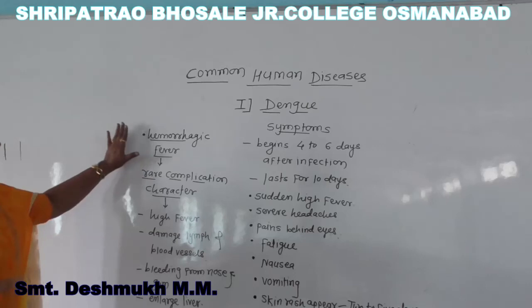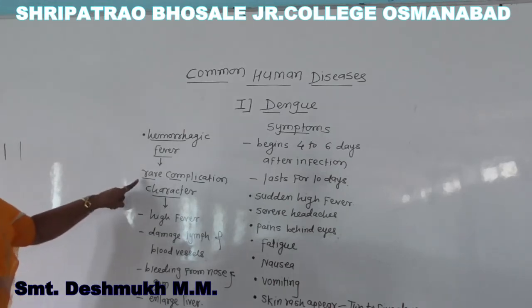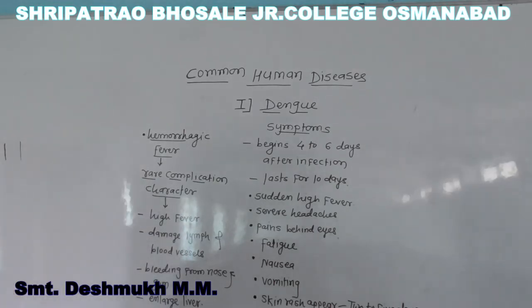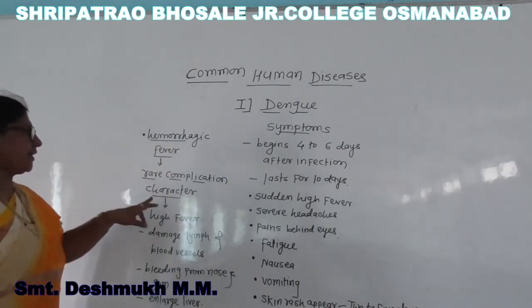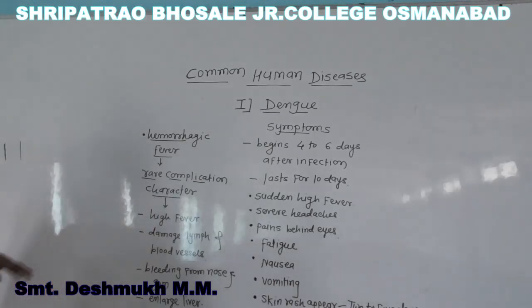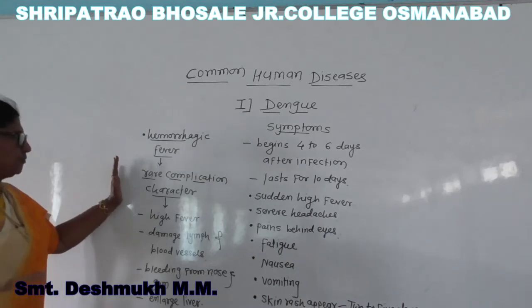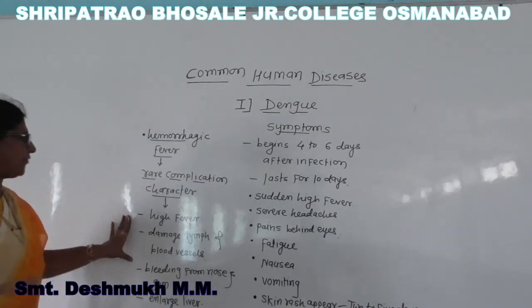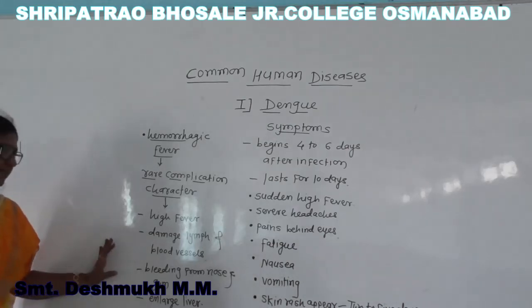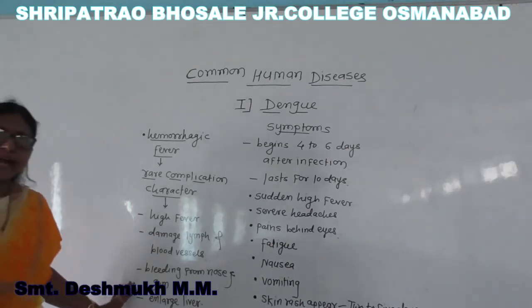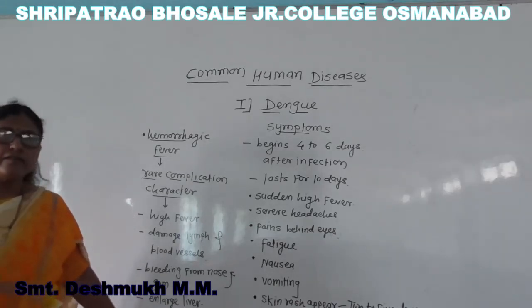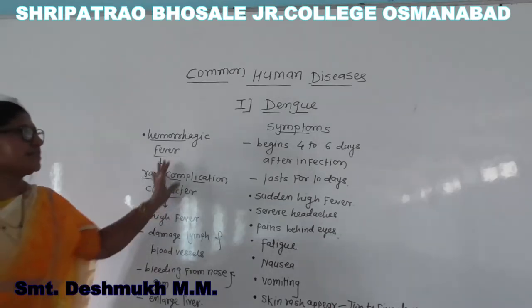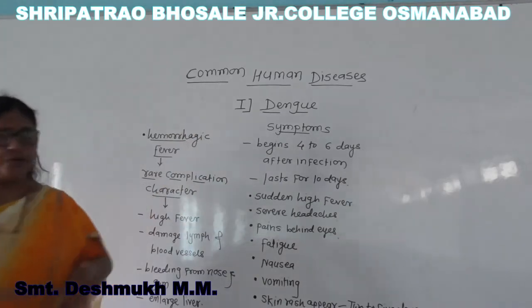Then the hemorrhagic fever symptoms are shown in a rare complication: high fever, damaged lymph and blood vessels, bleeding from nose and gums, enlarged liver and failure of the circulatory system. These are the symptoms of dengue.